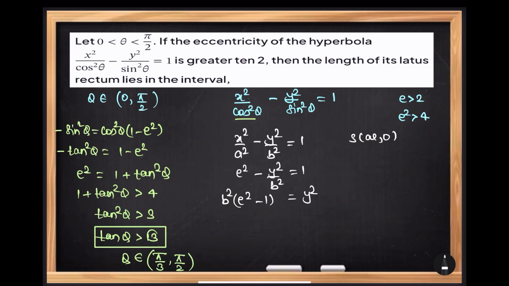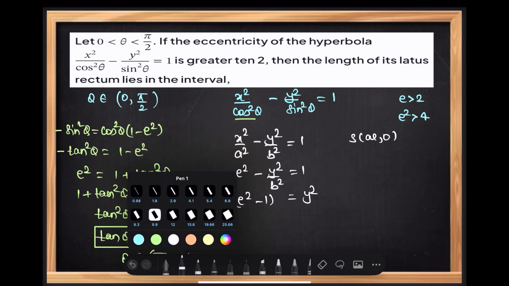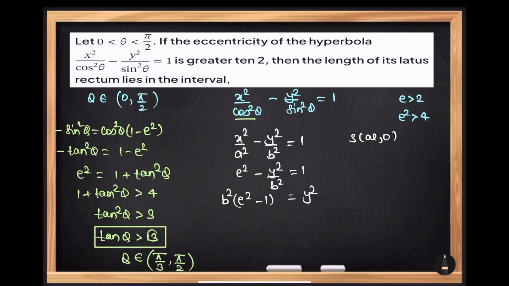Now do you remember what E square minus 1 is in a hyperbola? Try to recall that relationship. It is horizontal, so we will have a square times (e square minus 1) equals b square, correct?